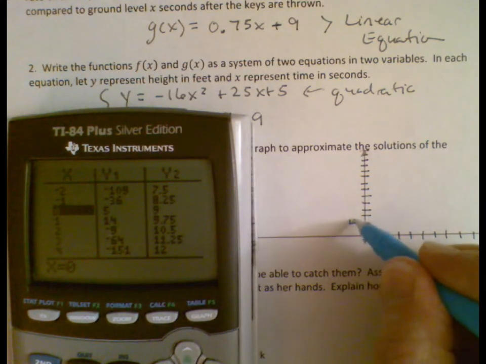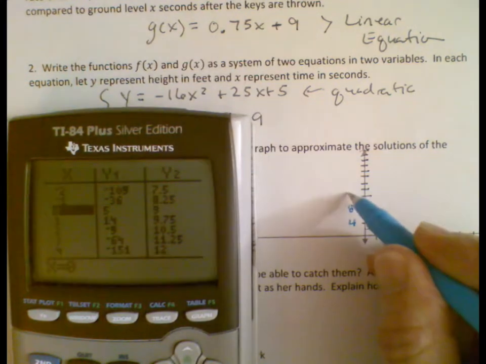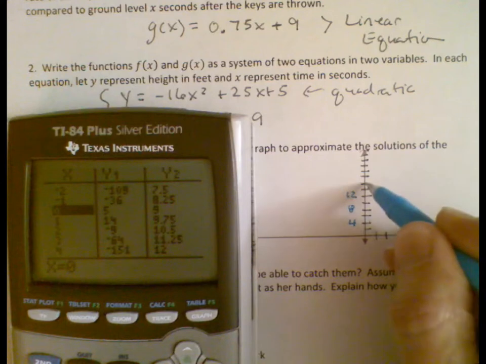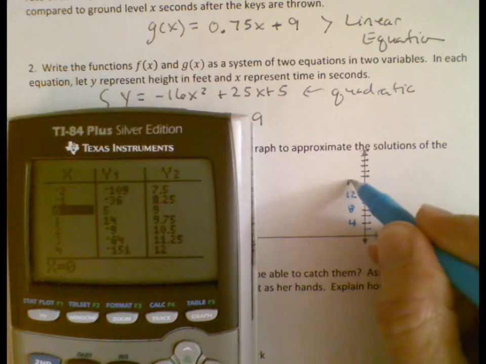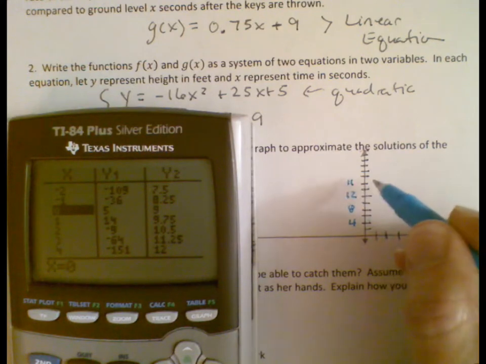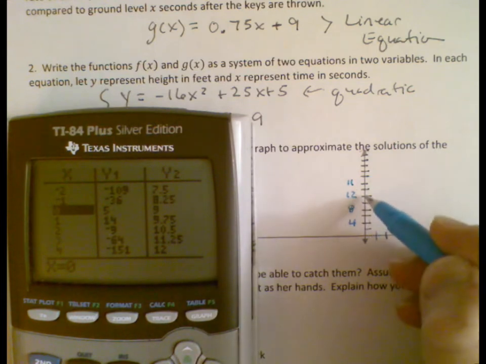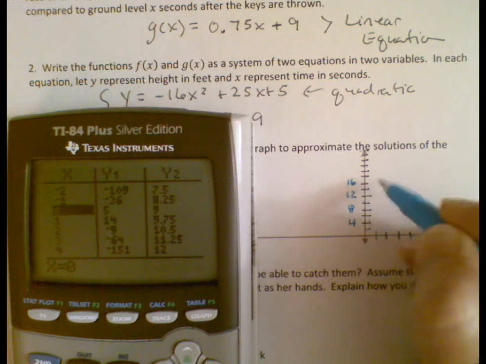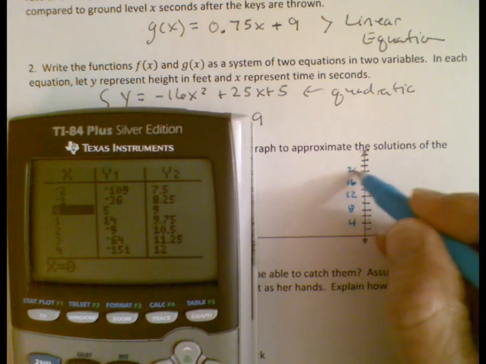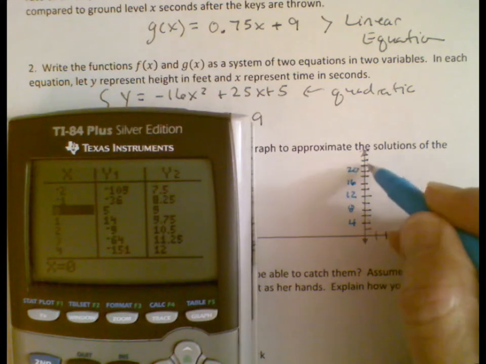So 4, 8, 12, 2, 4, 6, 8, 10, 12, 14, 16, 20, 24.